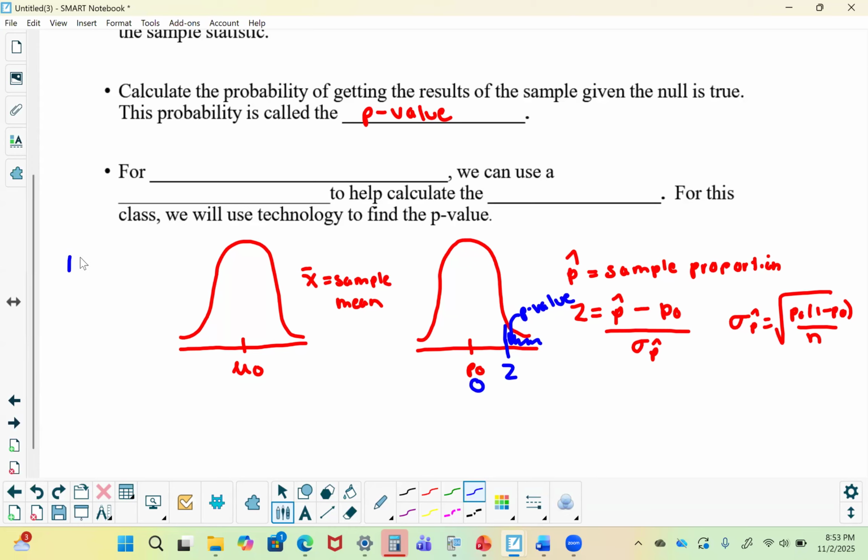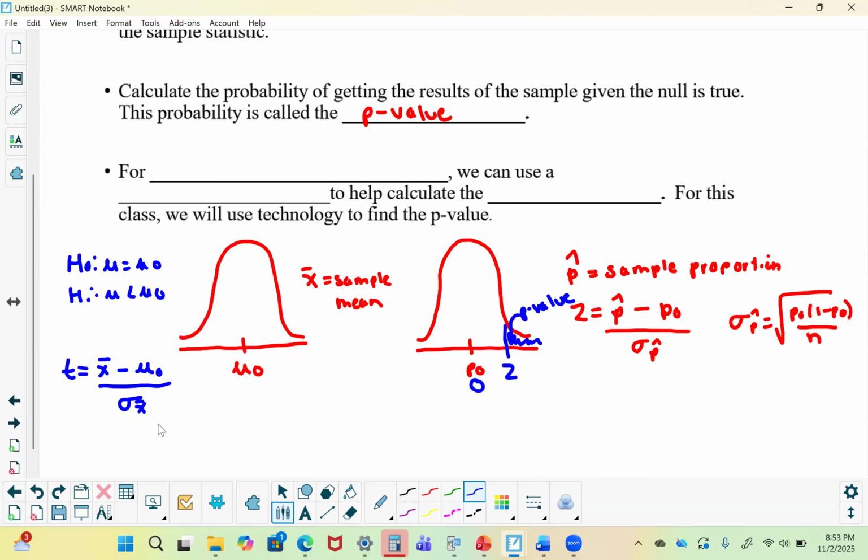So if we had our null, mu equals mu naught, and my alternative would be mu is less than, so it's a left-tailed test, we would calculate the t-score by doing x bar minus mu naught over, and I'm just going to call it the standard deviation of x bar.